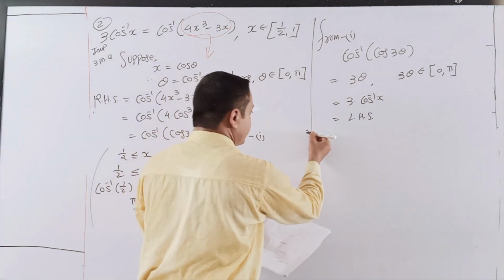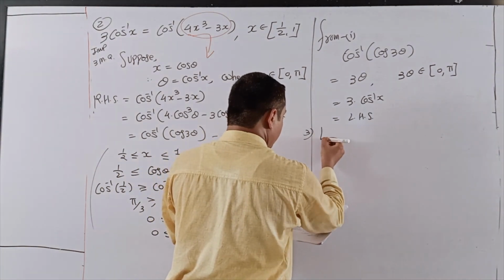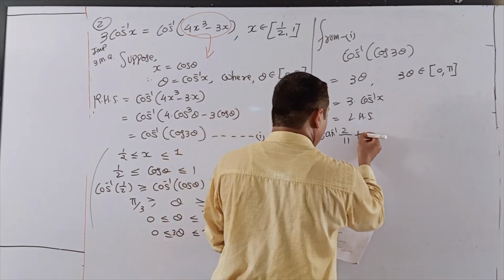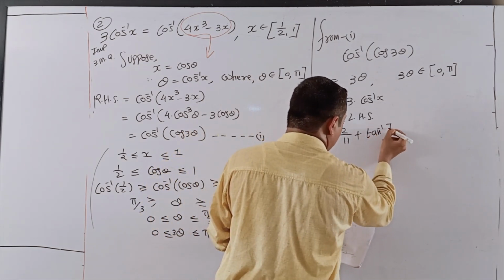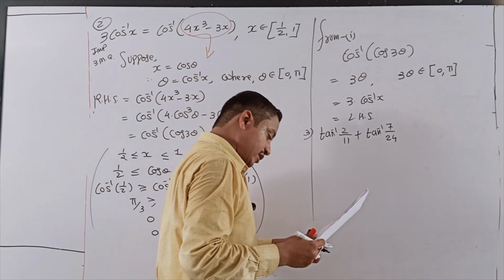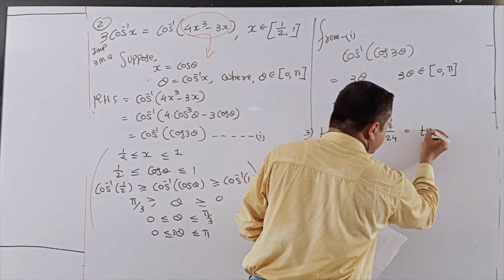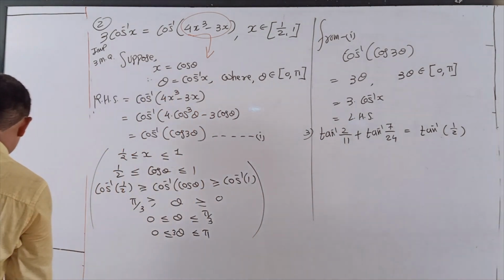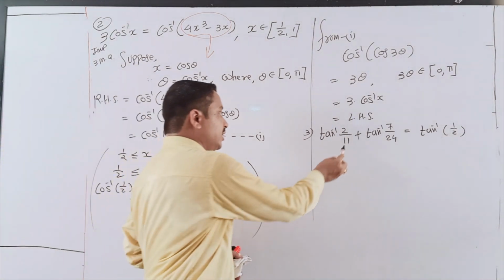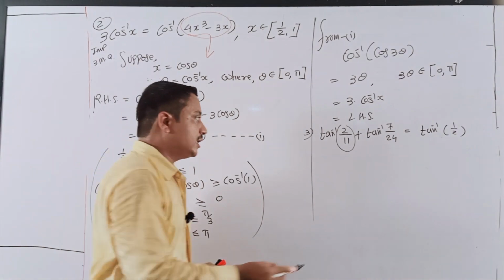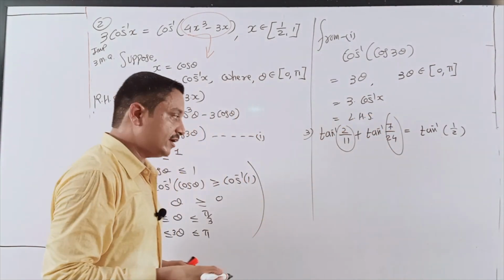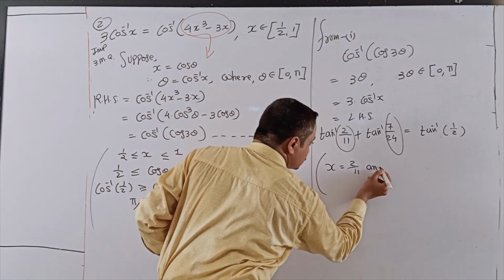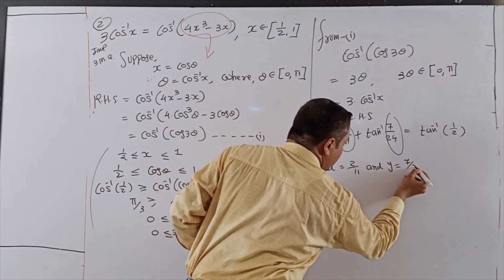But very easy. Prove that tan inverse 2/11 plus tan inverse 7/24 is tan inverse 1/2. Very easy. Look at that. Here you are taking 1 of the x, and here taking 1 of the y. So x is equal to 2/11, y is 7/24.